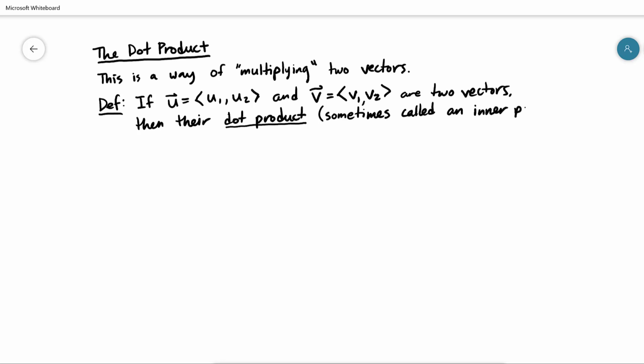I don't think you'll see it on the homework, but if you're reading other sources, this term may come up. It's sometimes called an inner product. It is denoted by the following.